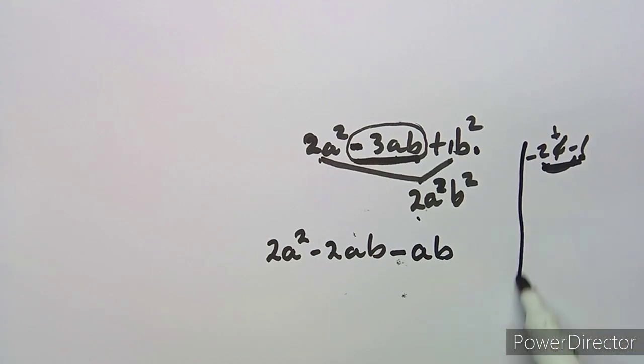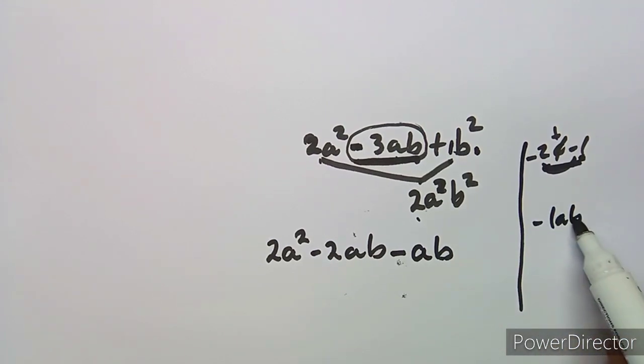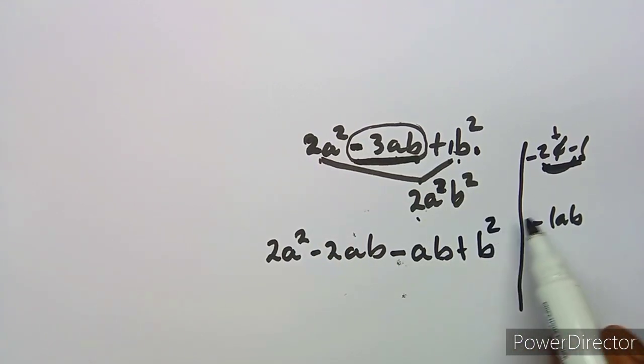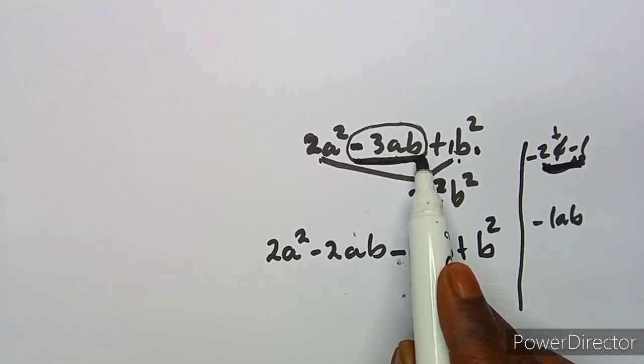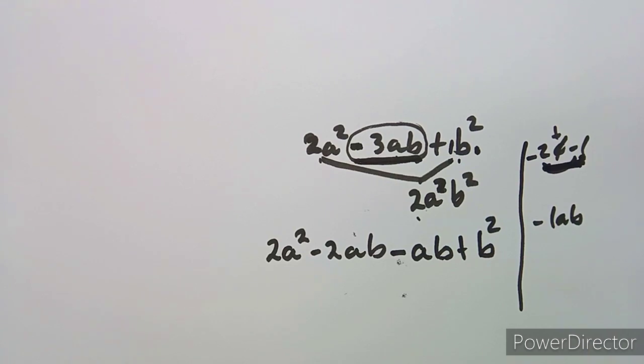Plus b squared. So we have replaced these two into the middle term, which is in place of what? Minus 3.